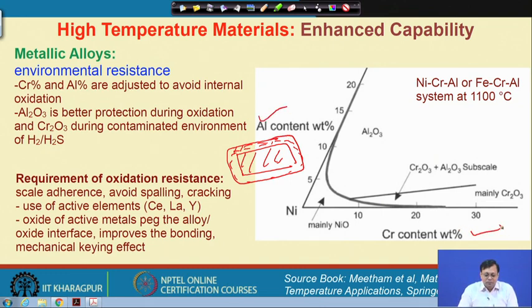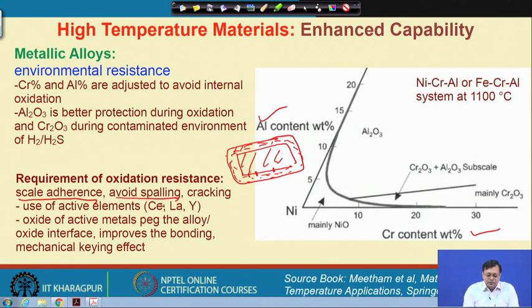This is the interesting part. At the same time, one can think that the scale should be sticking to the sample surface and provide a better protection, otherwise it does not make any sense. How to do that? The scale adherence is important, and we can improve the adherence by some sort of pinning effect. Okay. How is that?